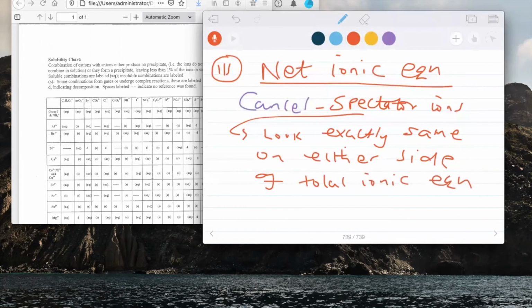We call those spectator ions. They look alike on either side. You cancel, you remove until you see which one is left.